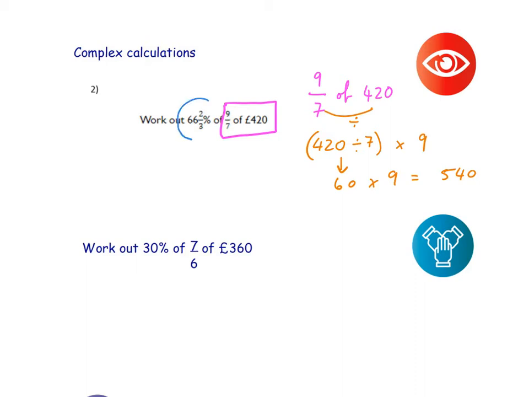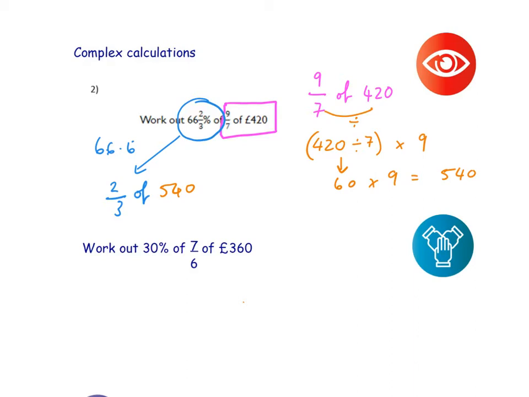So I then have 66.66, 2/3 percentage, which is the same as 2/3 overall. So it's 66.6 recurring of the amount which we've just worked out of 540.